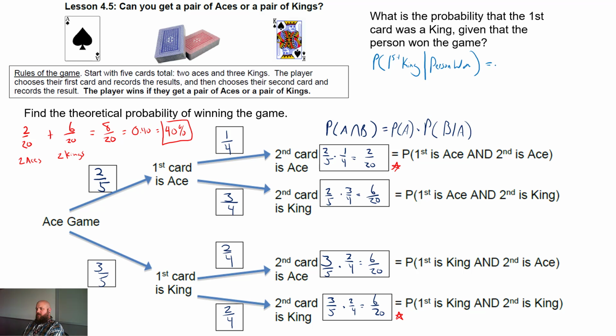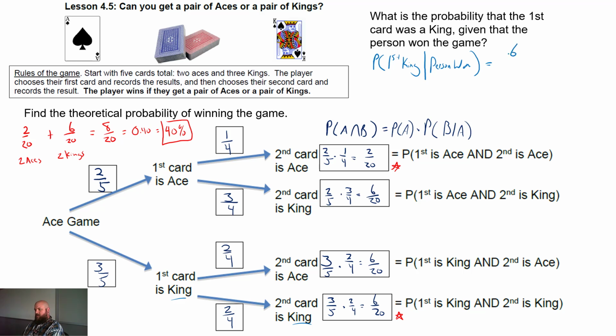From the equations that we've dealt with, we should know that up top is the probability of A and B. So the probability of first king and winning was 6/20.